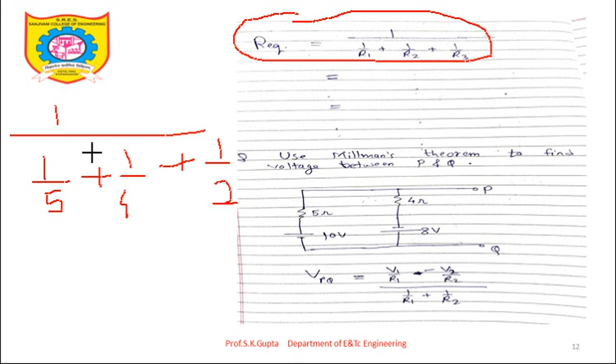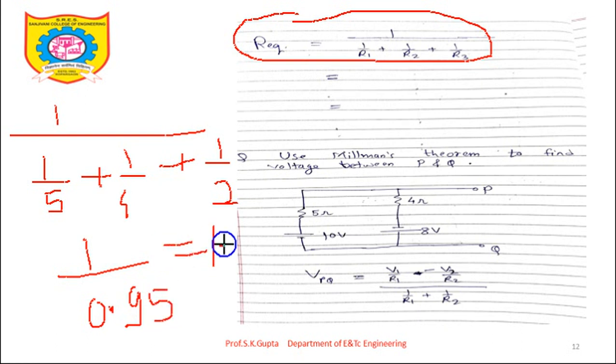So this will be 1 upon 0.95, and 1 upon 0.95 is 1.05 ohm. Simple. 1.05 ohm. So this is the value of R equivalent for question number 1.